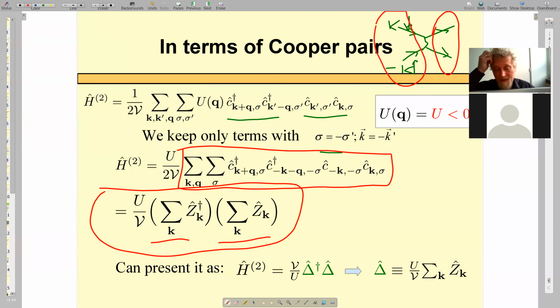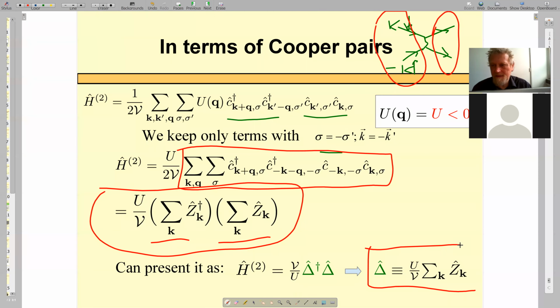and then we make this summation up and introduce some very crucial parameter, very crucial operator, which we call delta. It will appear to be superconducting order parameter, and gap in the superconducting spectrum very soon.